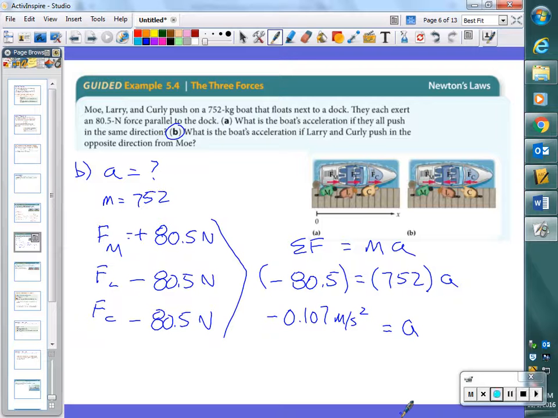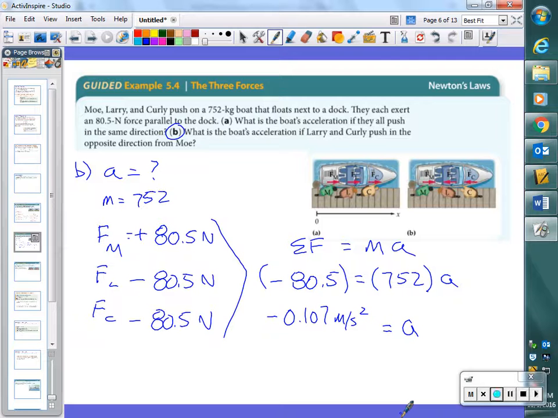A lot of times, negative acceleration has that connotation that we're slowing down, okay? But it's really just a directional thing. In this case, the boat is sitting there. It's not moving. It now experiences a negative acceleration. Clearly, it's not slowing down. It was sitting still to begin with.